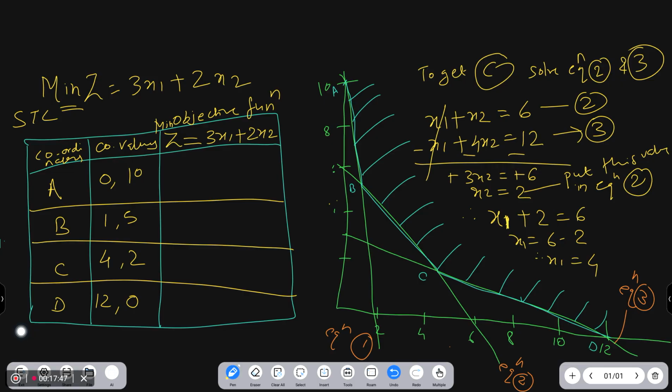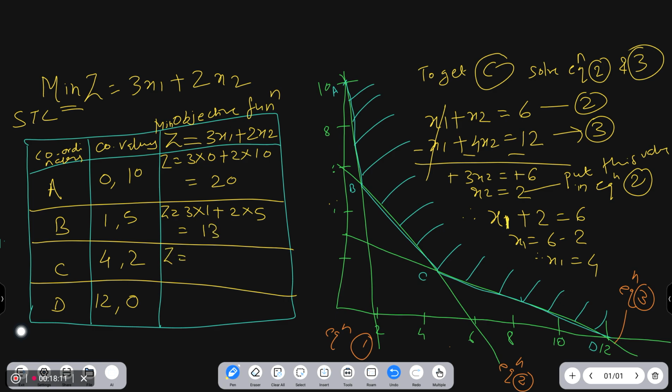Now just by putting the values: z is equal to 3 multiplied by 0 plus 2 multiplied by 10. What is the final answer? 20, right? What about this one? z is equal to 3 multiplied by 1 plus 2 multiplied by 5. So how much? 13.